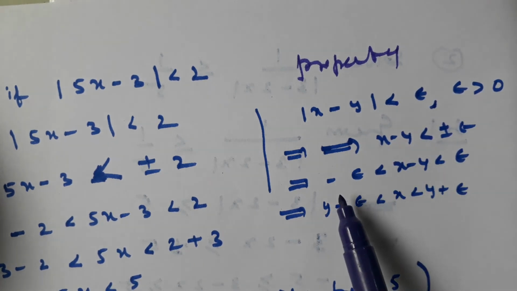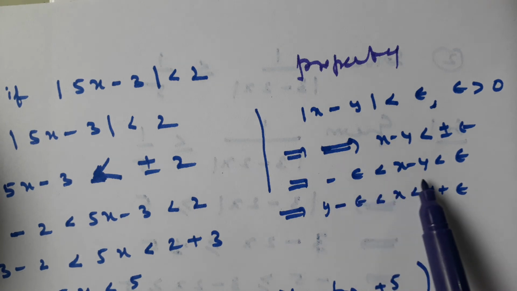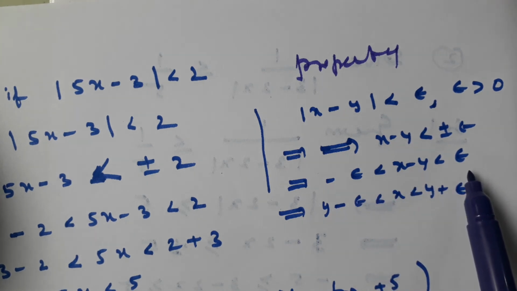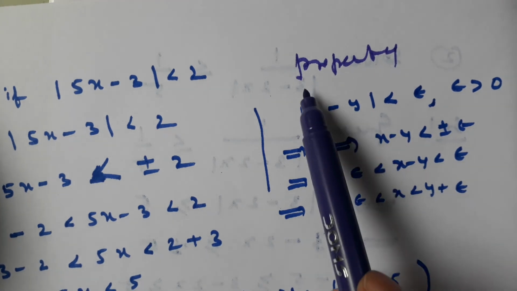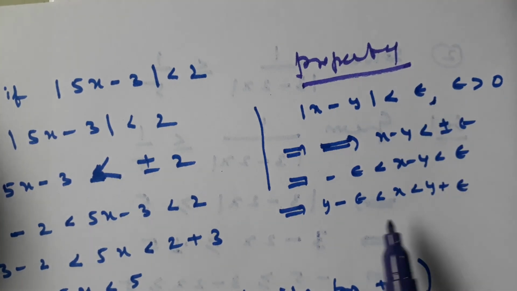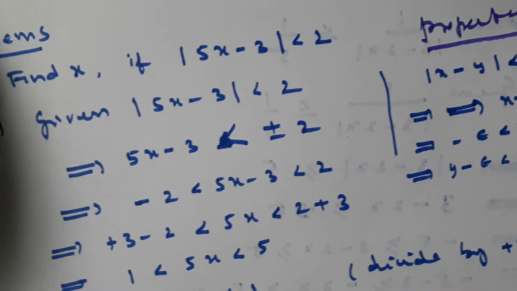So this is to be true: minus epsilon is less than x minus y is less than plus epsilon. Adding y throughout the inequality, y minus epsilon is less than x is less than y plus epsilon. Here also we are finding out the value of x.